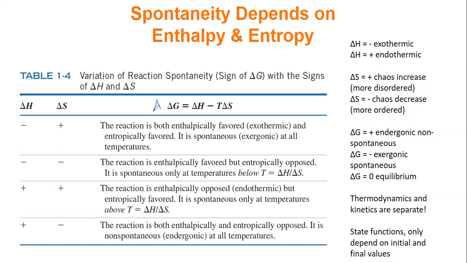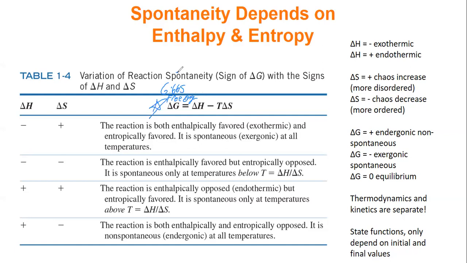Okay, so this is your major equation. Delta G equals delta H minus T delta S. Delta G, Gibbs free energy. This will tell you if any reaction in the universe will happen or not.